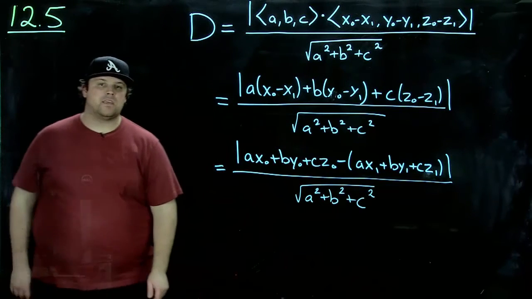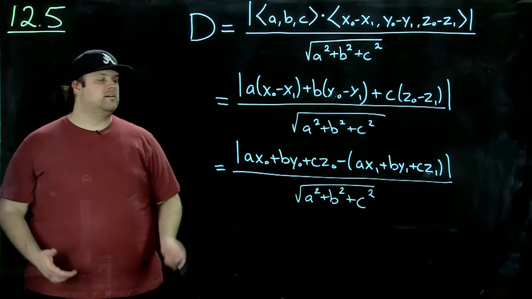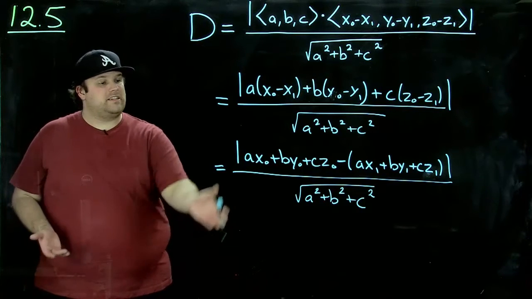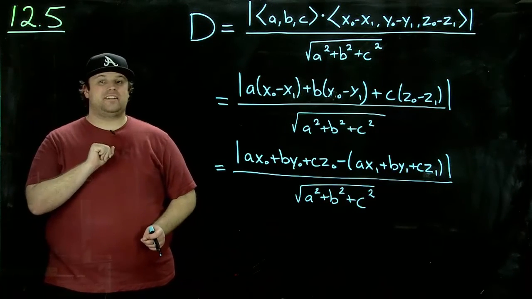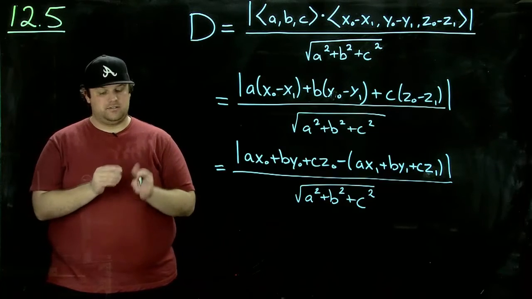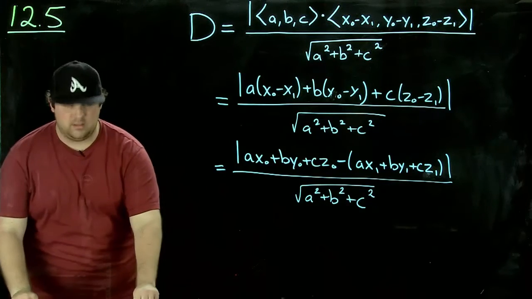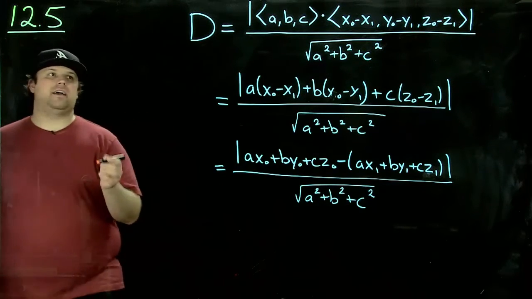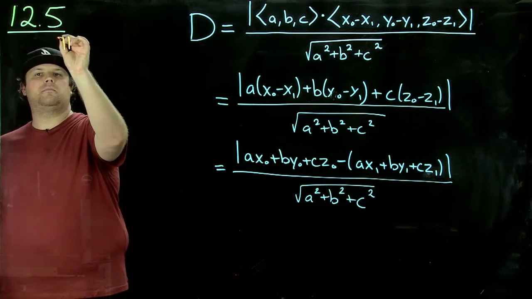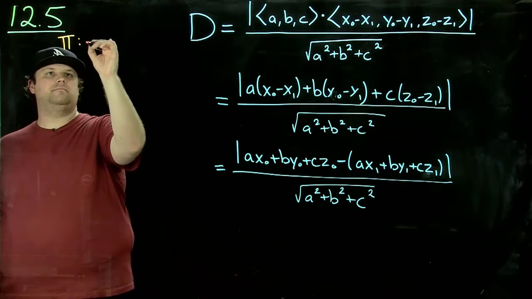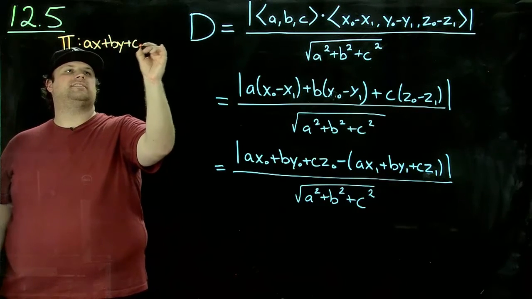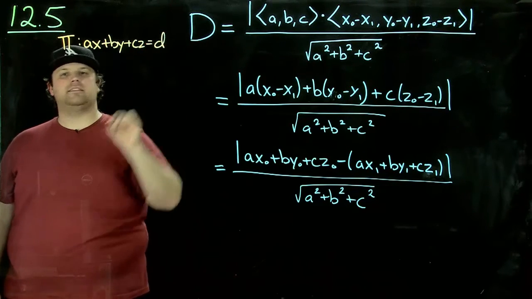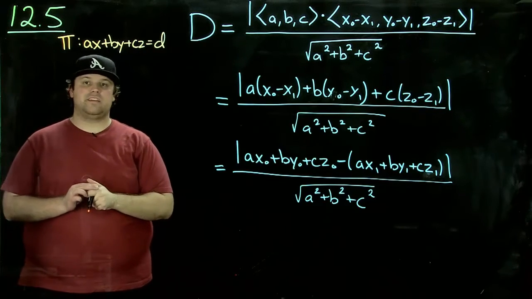Okay, well, this equation is already pretty great. We can make it just a little bit nicer by using a little trick. So let's say pi, our plane, had an equation ax plus by plus cz equals d, little d here. Okay?